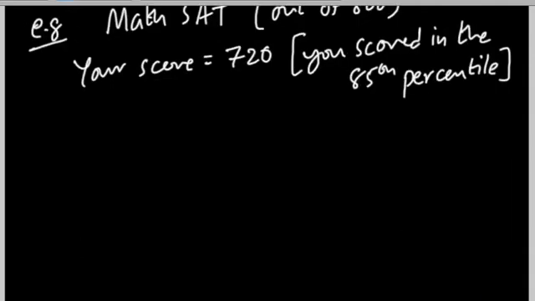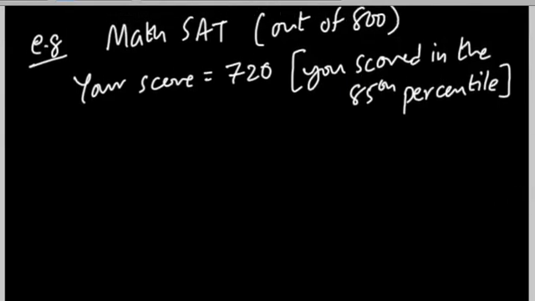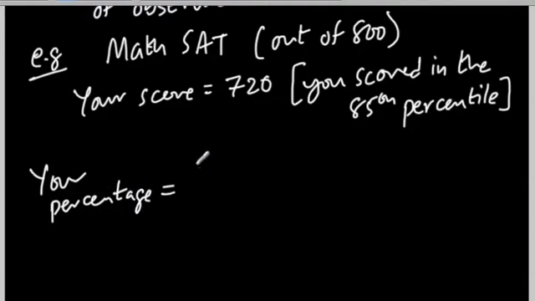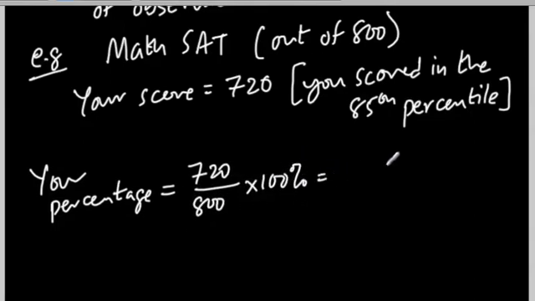First of all, let's take a look at how well you did. If you scored 720 out of 800, your percentage score, if you can even think of it that way, is 720 divided by 800 times 100%. If you do that calculation, you'll get 90%.